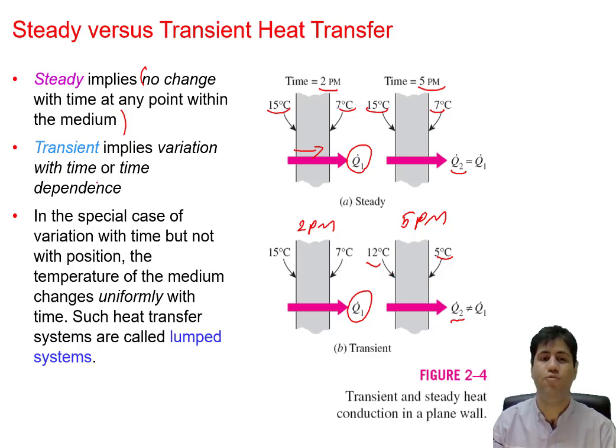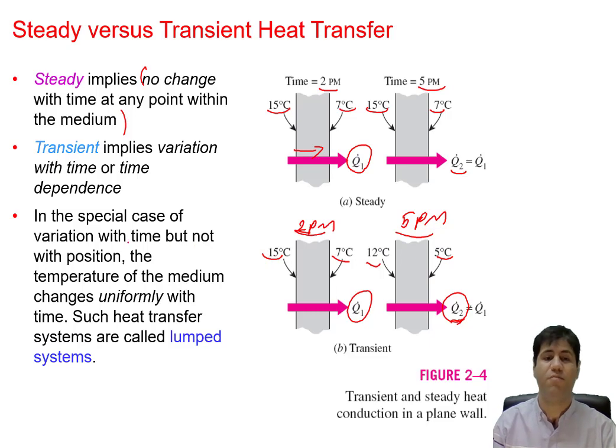Transient implies variation with time, or time dependent. The heat transfer value is dependent on time here. Here you can see 15 and 7 degrees Celsius have changed.